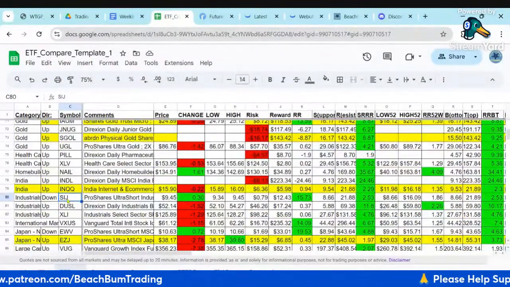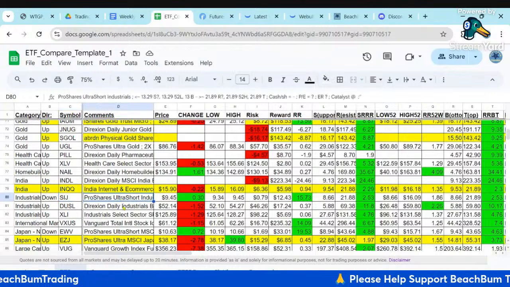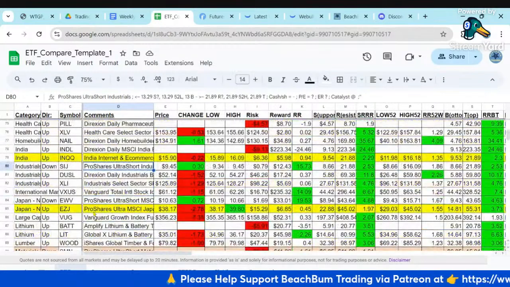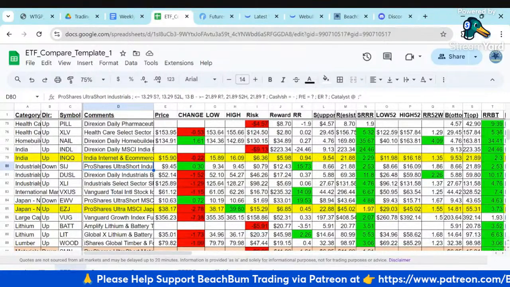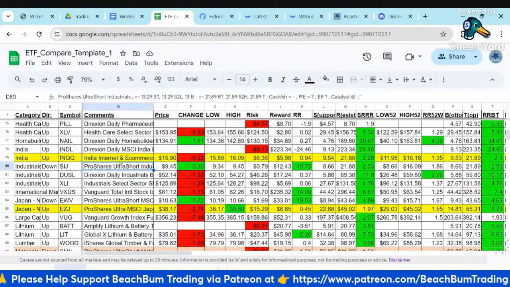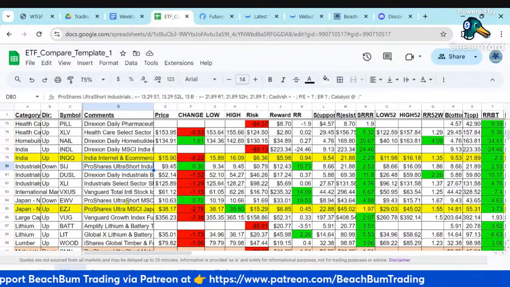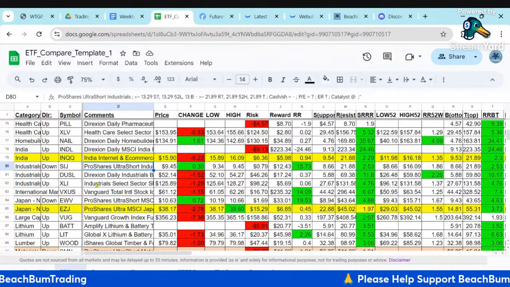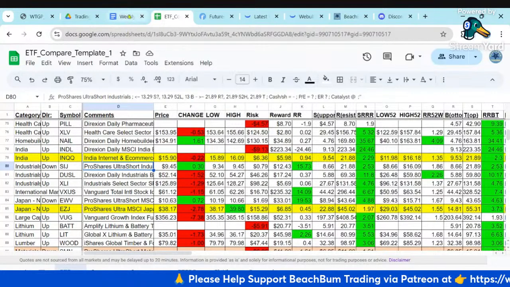Industrials, we're long SIJ, which is the short on industrials. So you can find longs and shorts for any sector. If you see that sector rotation, be it a bounce back or a rotation down, you can find an ETF with the risk reward profile and whatever leverage you're looking for in our ETF Google sheet. I hope that all helps.